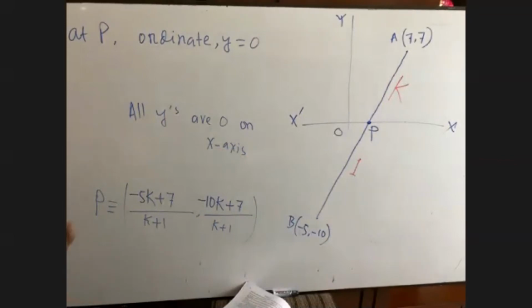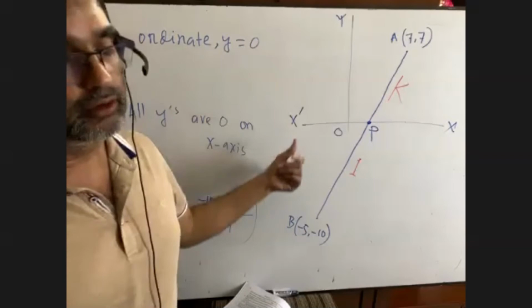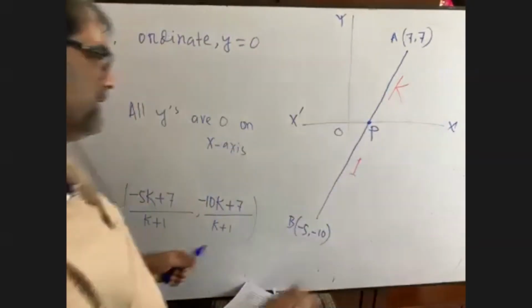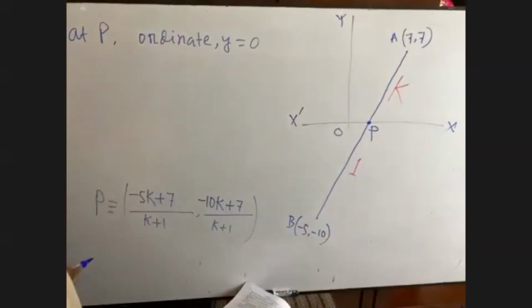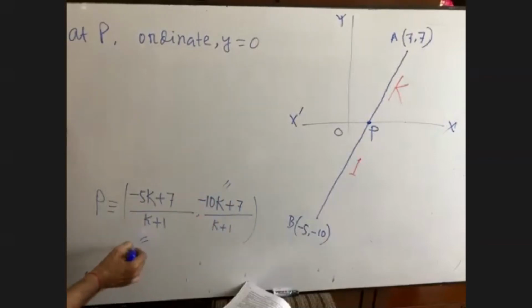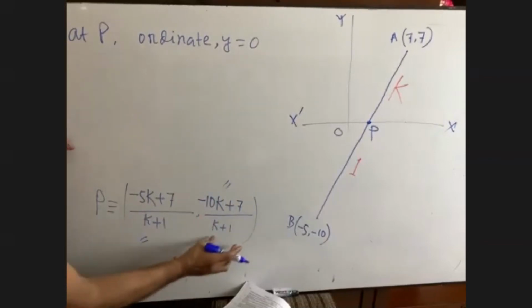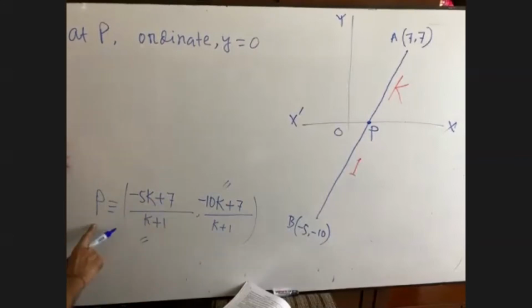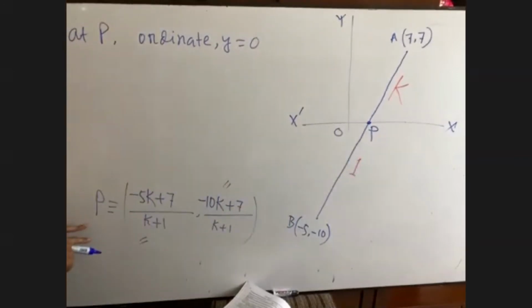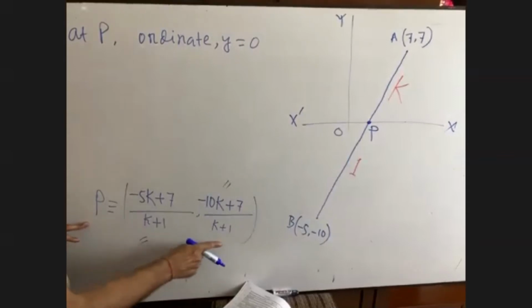So the values of y are always 0 on the x-axis. Now here, what is the ordinate? This is the ordinate, this is the abscissa. So this part is 0. P is this, which lies on the x-axis. So on the x-axis, all y's are 0.